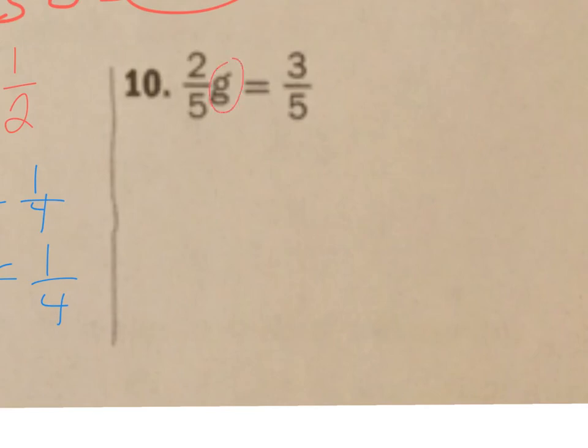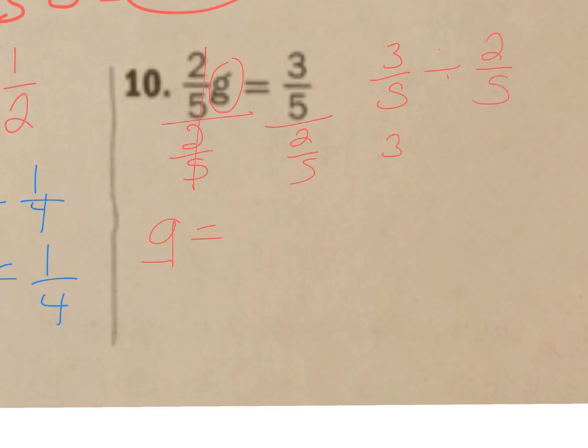We want to get this G all by itself, so we have 2/5 times G equals 3/5. I'm going to divide each side by 2/5, divided by 2/5. This becomes 1, so G equals 3/5 divided by 2/5.